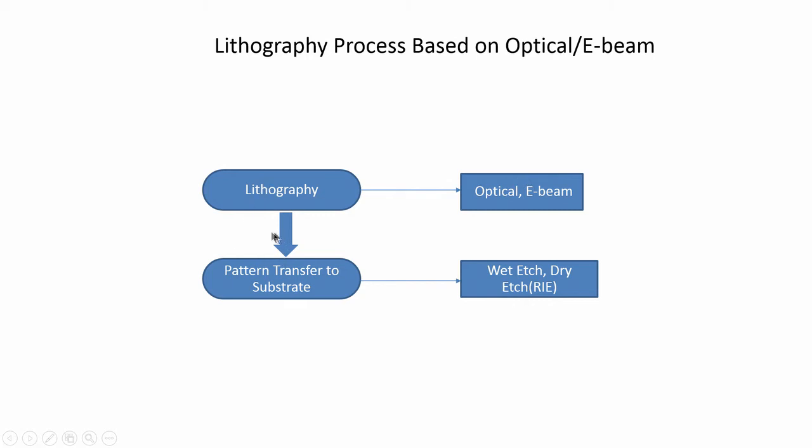You have to transfer a pattern to the substrate and then use etching, dry or wet etching, to create these patterns. So, this is a simple process starting with the pattern transfer and then etching. These are the two important steps in the lithographic process and realization of the device.